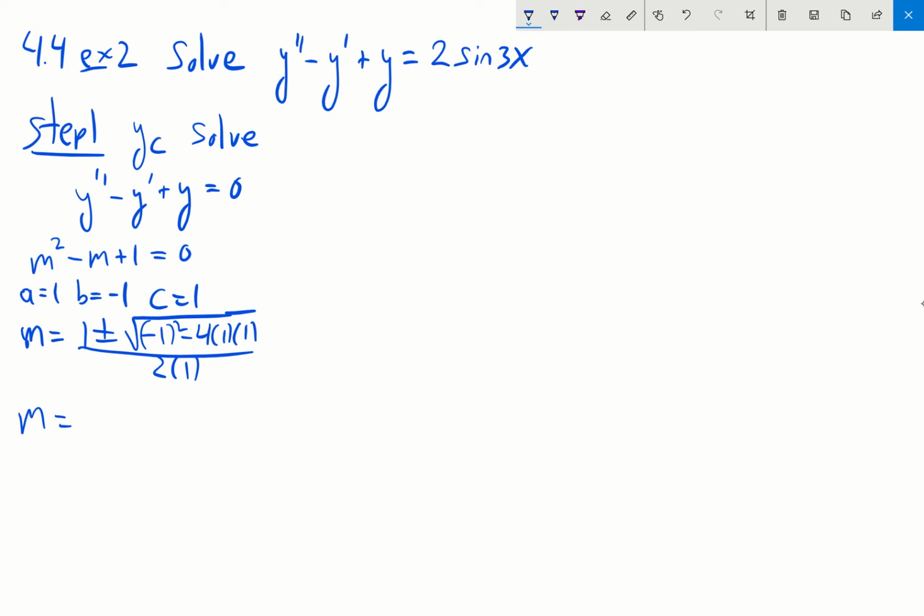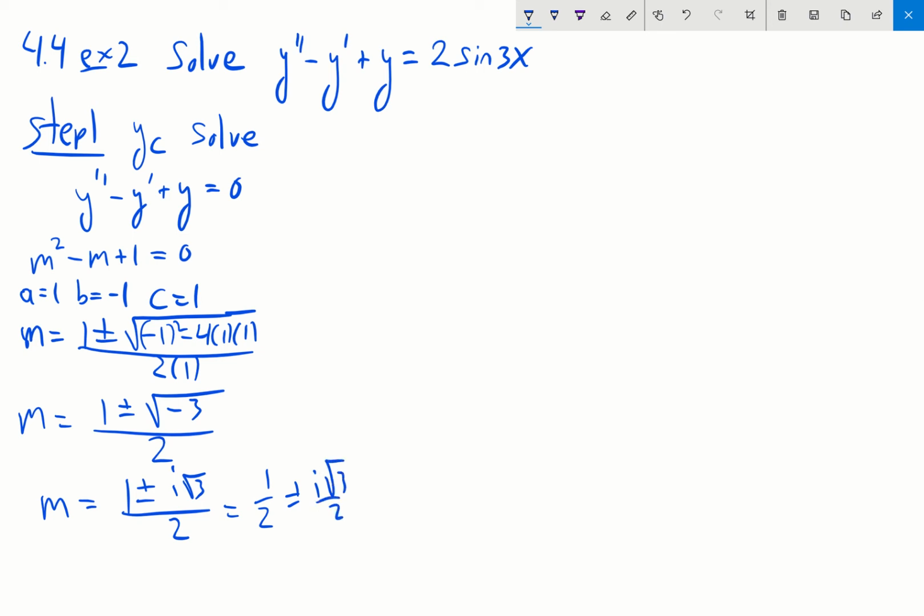So we get m equals 1 plus or minus the square root of negative 3 on the inside, divided by 2. And so we get m equals 1 plus or minus i radical 3 over 2, which is equal to 1/2 plus or minus i radical 3 over 2.